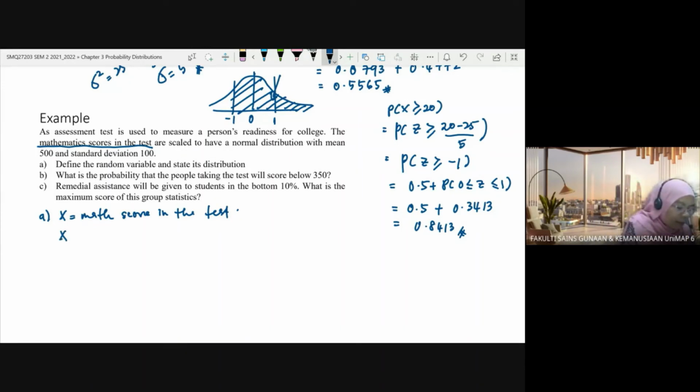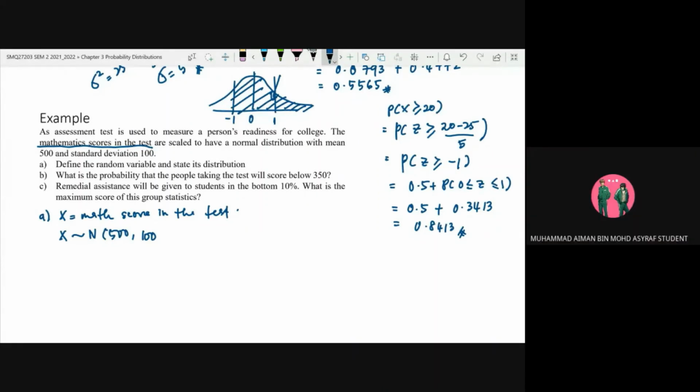Then x follows normal with mean 500 and standard deviation 100. Class, remember the way we write must be correct. When we write, we need to write the variance. So the variance will be what, class? Is it 100? How do we write that variance? 100 power of 2.